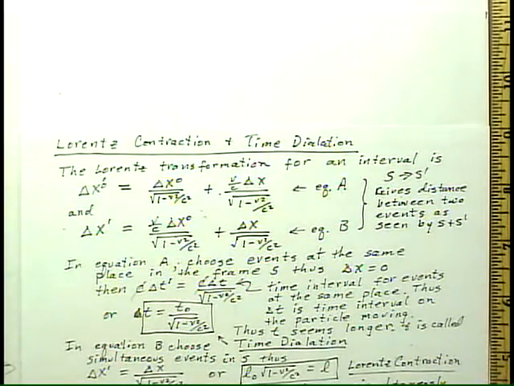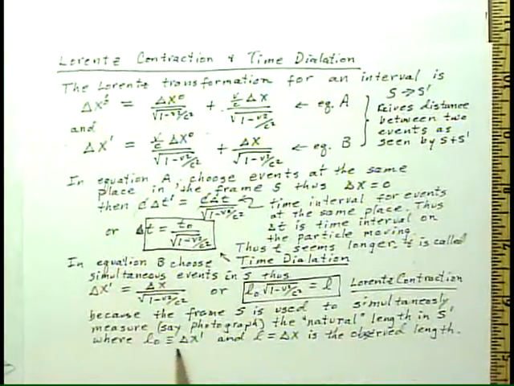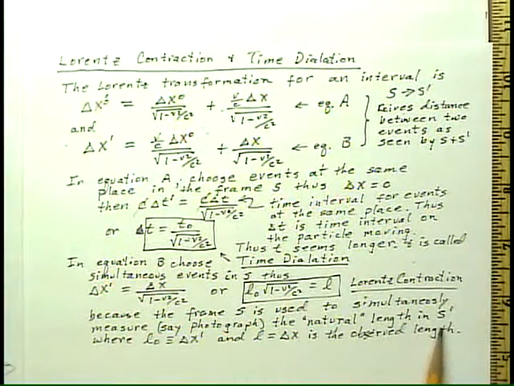If an object were to go by you and you took a photograph of it in your frame, then you would be choosing a simultaneous measurement of one end and another end of that object when you did the photography as that object moved by you. Therefore, the frame S is used to simultaneously measure, say photograph, the natural length in S prime.